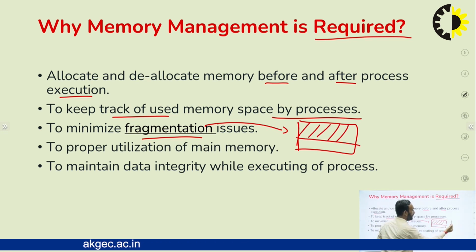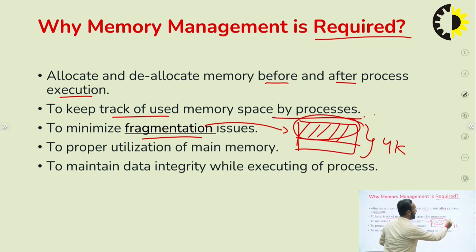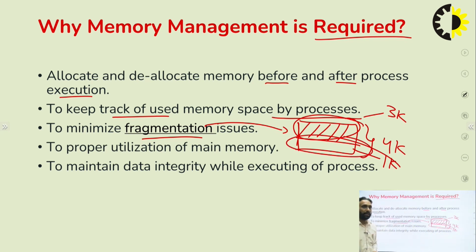For example, if we have a space of 4K and the process takes only 3K, the 1K left over is known as internal fragmentation. And when we place a number of processes in main memory, and a process does not fit within the main memory, such fragmentation is known as external fragmentation. For that I will take an example in the next slide.